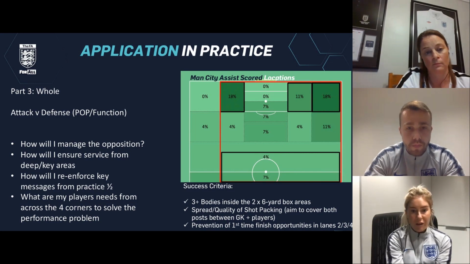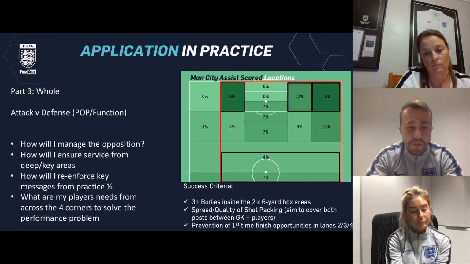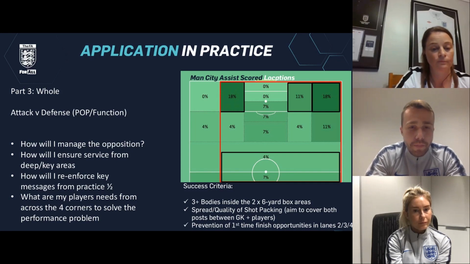Is it developmental, and I need to serve up a variety of all these things? Or is it competitive and I'm out there to win, and therefore we've got a real key focus around the opposition and what the opposition might look like? And hopefully we've modelled this best practice of taking insight and data and trying to enhance practice, to give your players lots of opportunities to experience what might come in the game.